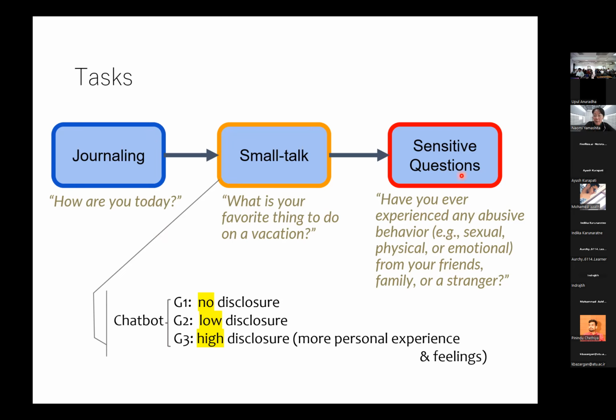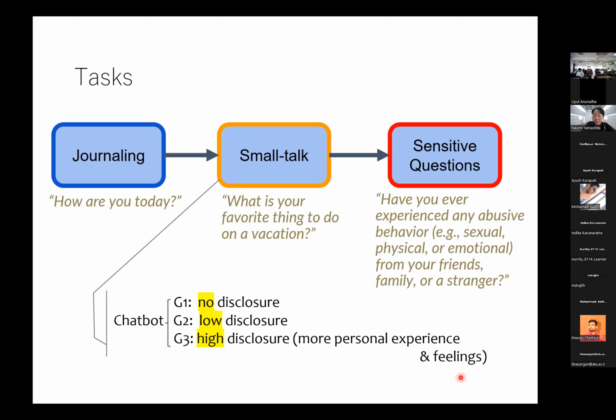But the small talk session was the treatment session, where the high disclosure chatbot talked about its personal experience in the past and revealed more feelings about it. Whereas the low disclosure chatbot talked in more general terms and did not talk about its personal experience or personal feelings about itself. And this was no disclosure, so it just kept on asking questions.